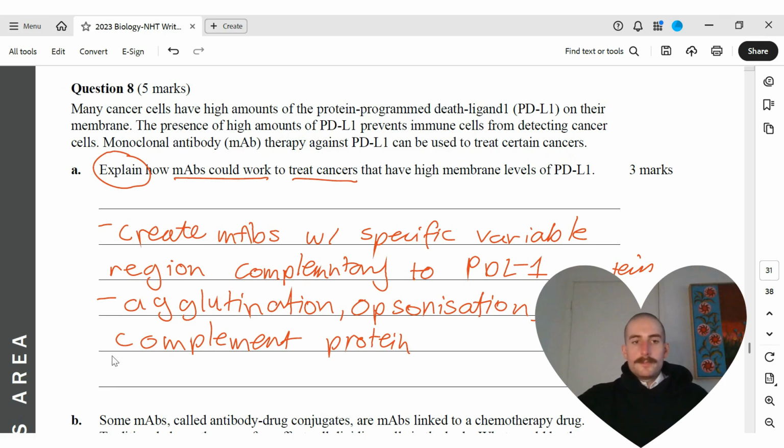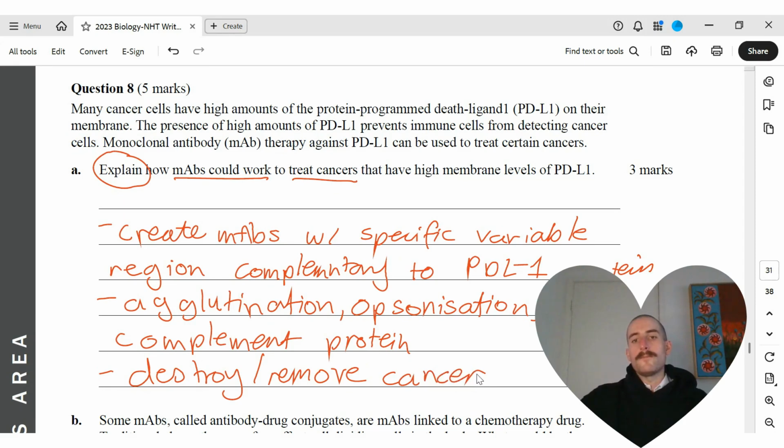The final point here, which is probably where some marks could be lost, is we haven't yet related it to how that's actually going to treat cancer. So by doing agglutination or opsonization or a complement protein cascade, that is going to allow us to destroy or remove cancer cells or cells displaying the PD-L1 protein.